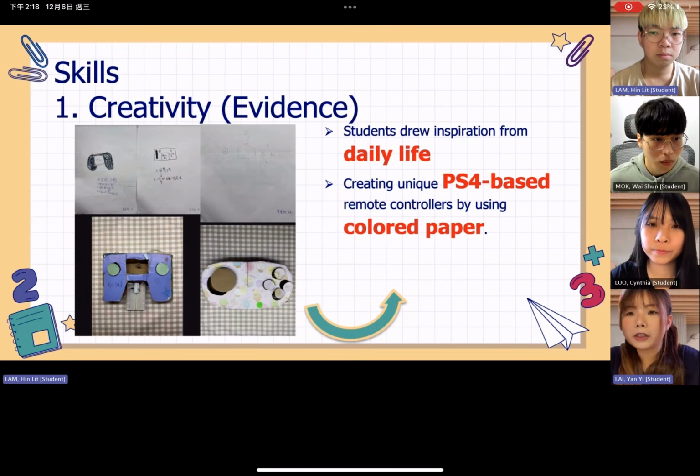Students drew inspiration from daily life, creating unique PS4-based remote controllers using colored paper.